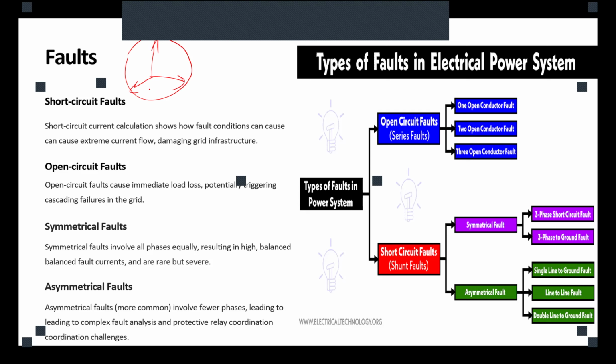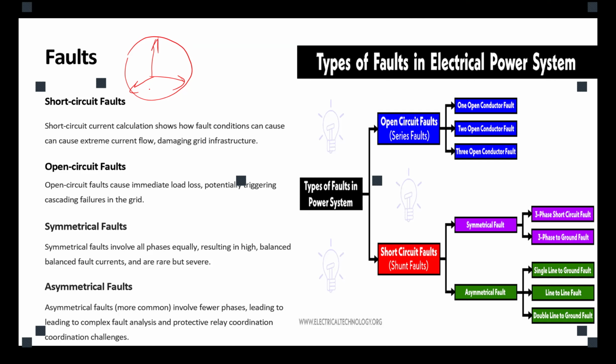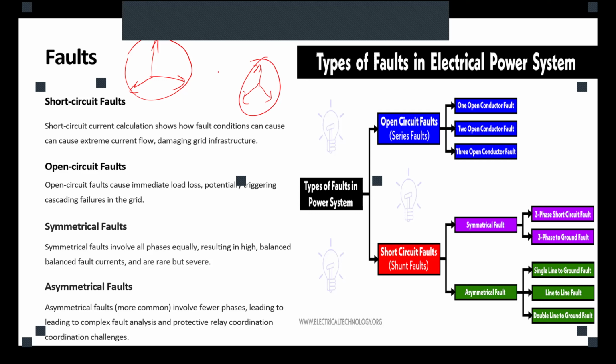If anything happens to all three phases, all of them are going to change similarly. So we're still going to have a different version of our symmetric balanced system. So if we have a three-phase fault, meaning the three phases are connected to each other, or three-phase to ground, meaning all three phases are now connected to the ground, we have a symmetric fault, because the same thing happens to all three phases.